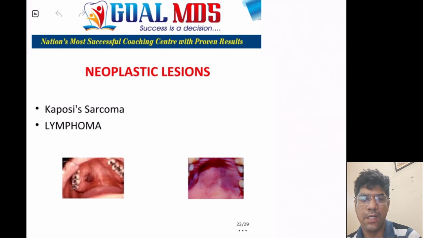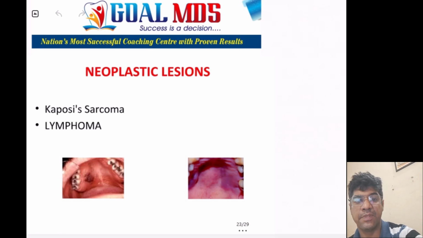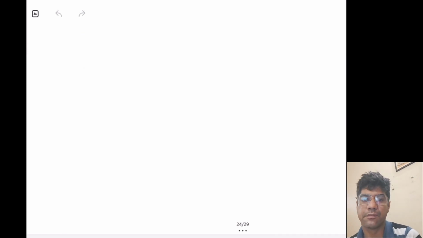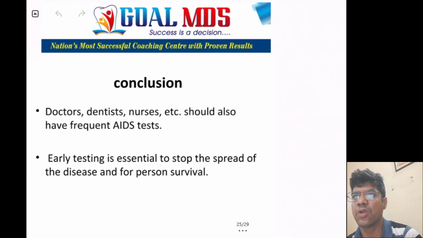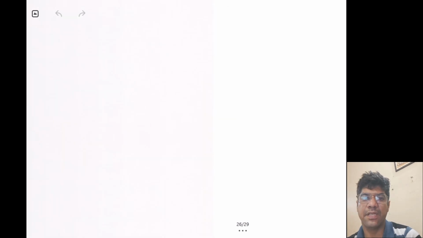Non-Hodgkin lymphoma: some types of non-Hodgkin lymphoma are more common in individuals with HIV. Squamous cell carcinoma and malignant salivary gland tumor. Other oral lesions associated with HIV disease may be oral ulceration, thrombocytopenic purpura, xerostomia, and salivary gland disease.